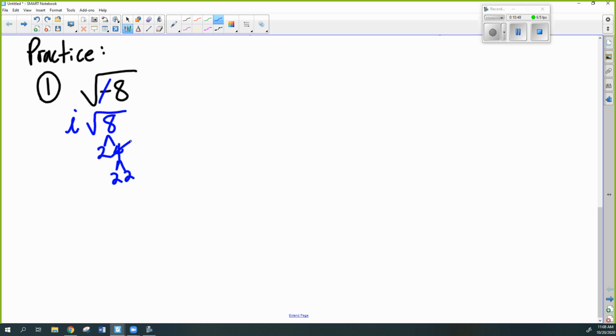All right, now I need sets of how many for this one? Sets of how many to make a circle? Good. Now, when I take something out, it just goes in front with the i. So my answer is going to be 2i, and then I have a leftover 2. Questions?